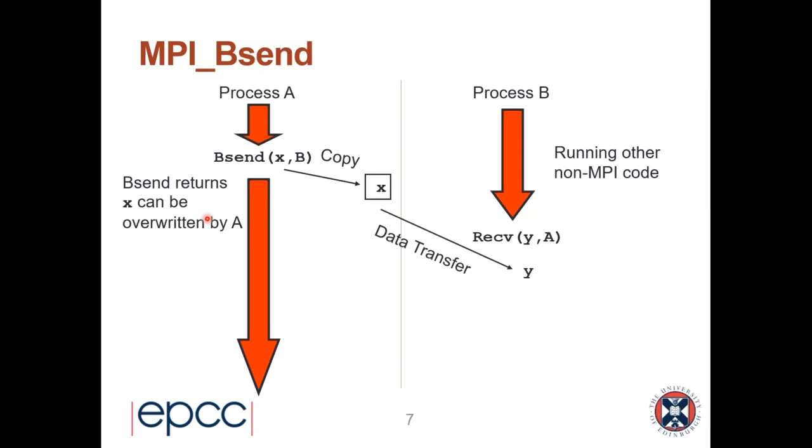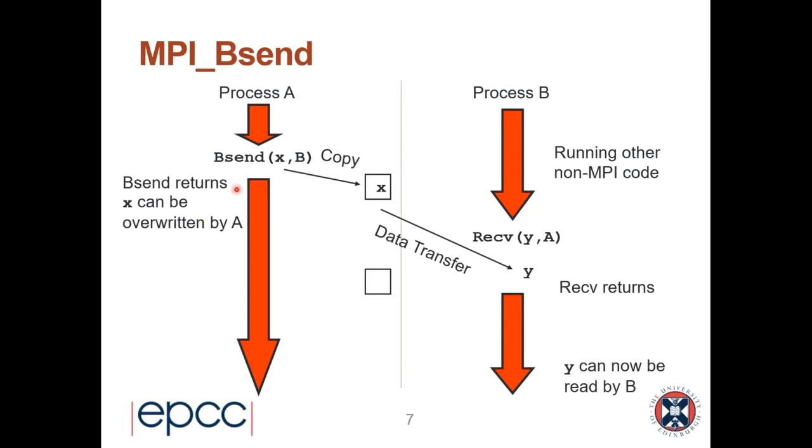The data transfer happens at that point. Presumably, the buffer is freed up, and then Y can now be read by B. So we've achieved exactly the same thing, except process A didn't have to do all this waiting around. And also, in this case, if process B didn't issue the receive, at least process A wouldn't deadlock. So this seems like the right thing to do.